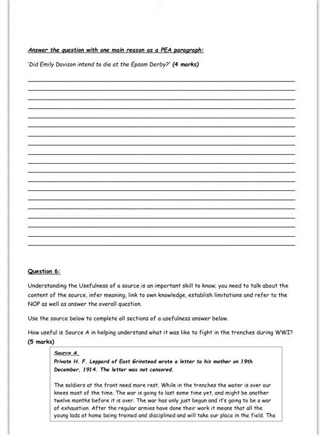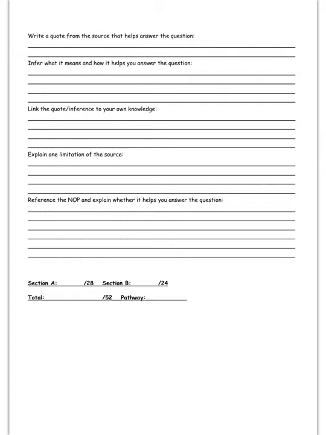Question number 6. Understanding the usefulness of a source. How useful is source A in understanding what it was like to fight in the trenches of World War I? Here's your source. Work your way through the source and the series of questions that are here. Write a quote from the source that helps answer the question.